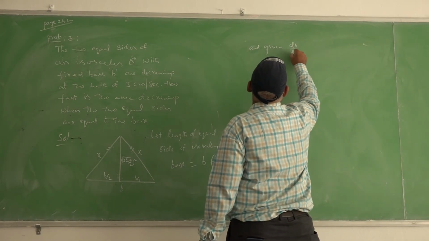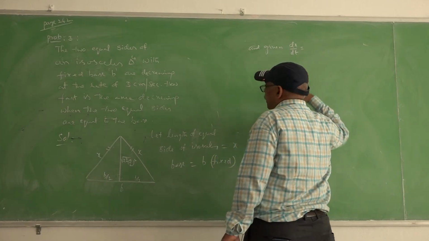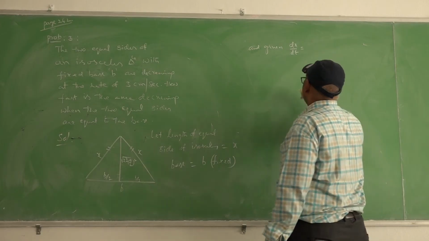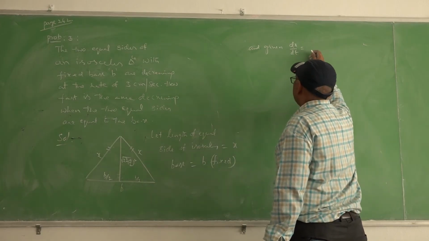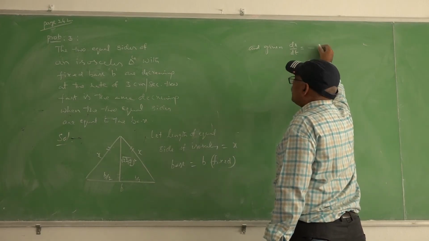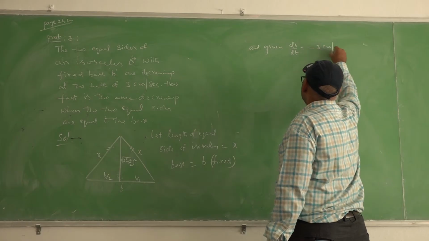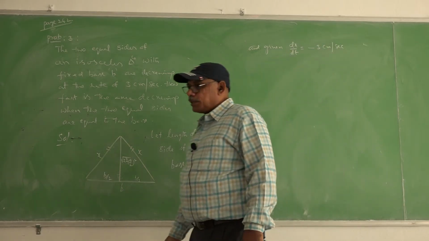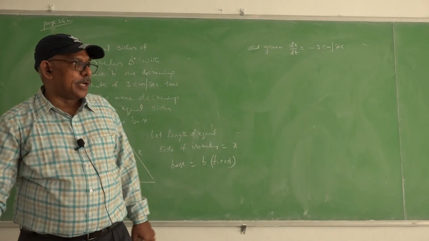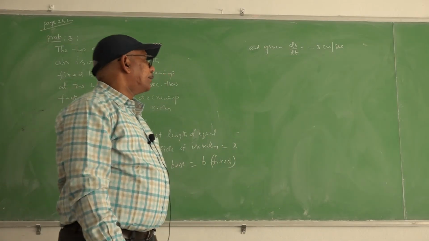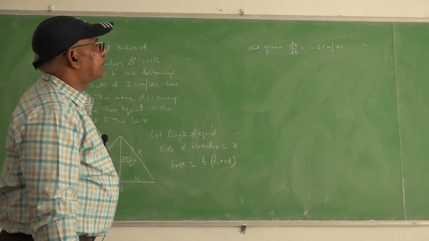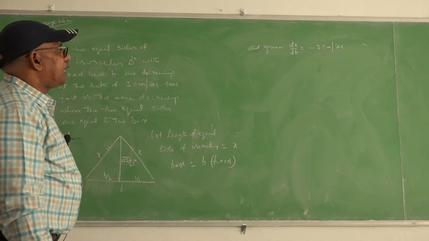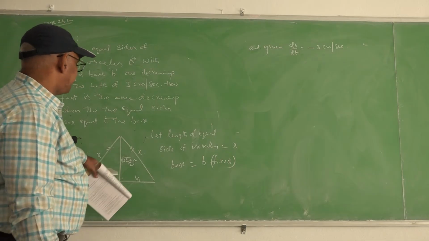That means dx by dt, the rate of change in the equal side, is decreasing, so minus 3 centimeters per second. Because x is decreasing at the rate of 3 centimeters per second, I am taking a negative sign: dx by dt is minus 3 centimeters per second.